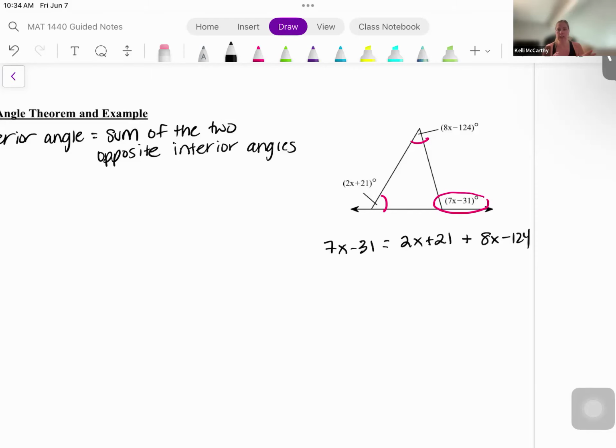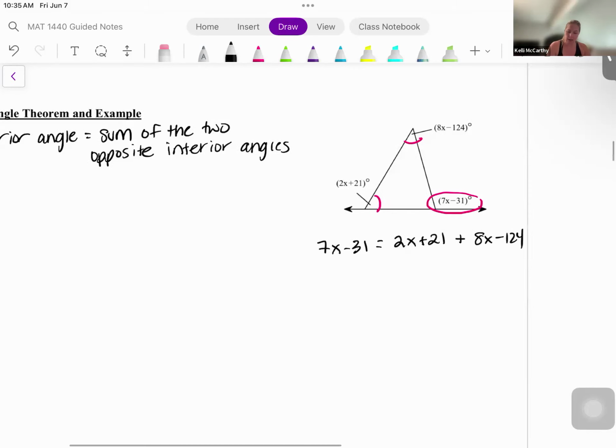To solve for x, we're going to start cleaning up the right-hand side, making sure we bring down everything we haven't simplified. 2x plus 8x is 10x. And 21 minus 124 is minus 103.